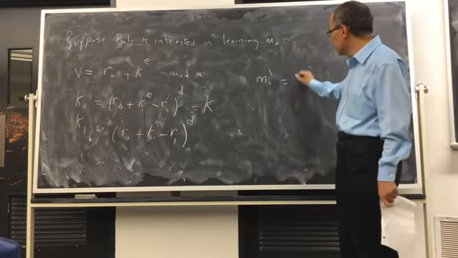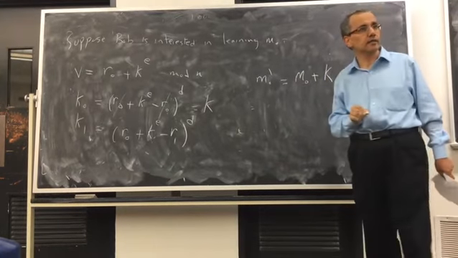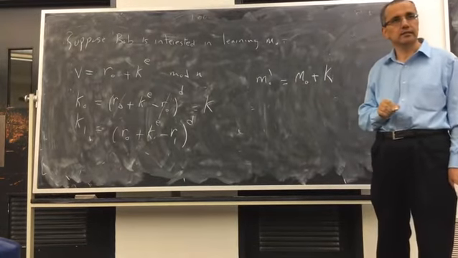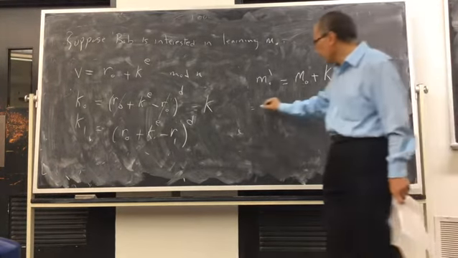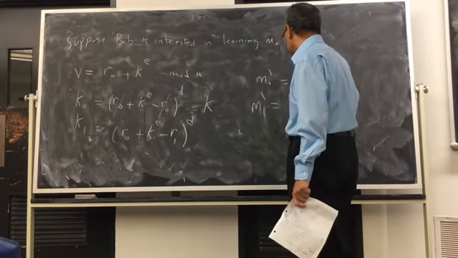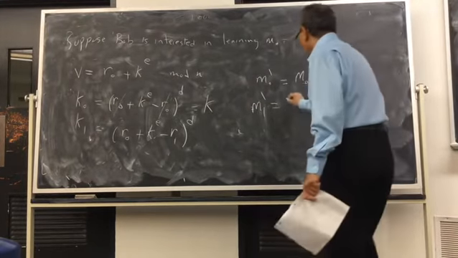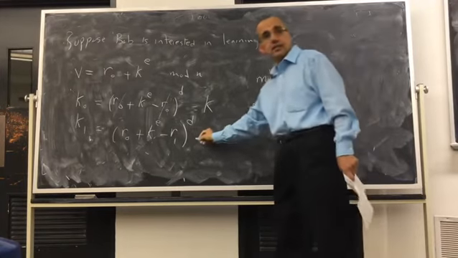M0 plus K0. So M0 plus K0 is M0 plus K. And M1 dash is going to be M1 plus K1, which is something that is completely garbled.